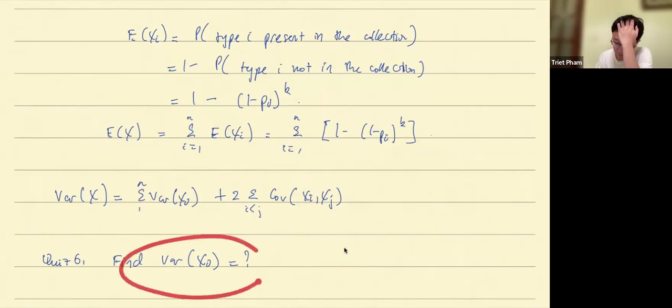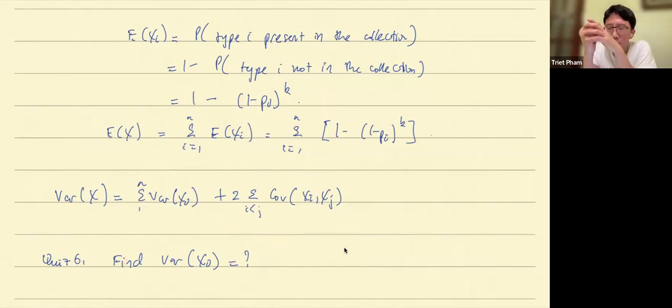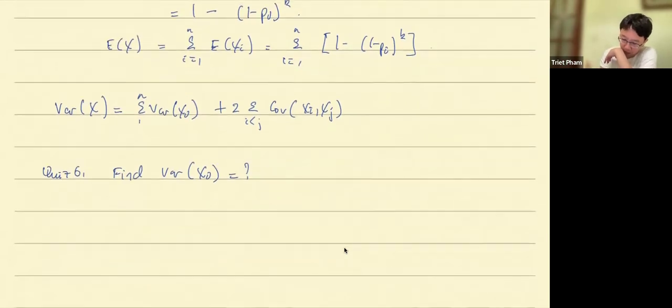Okay. So what's the variance of the Xi's? Remember, if X is a Bernoulli random variable, then the expectation of X is p.